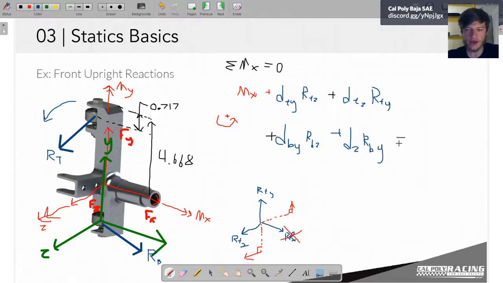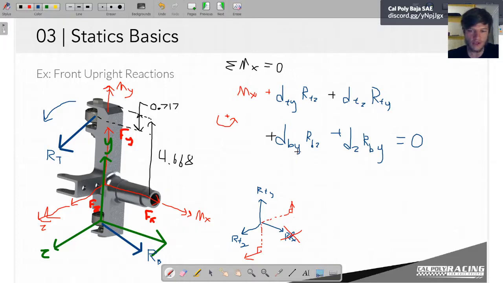Okay, and that all is equal to 0. Now, because of where I've chosen to take my moments here, I can cancel out the reactions from these moments.